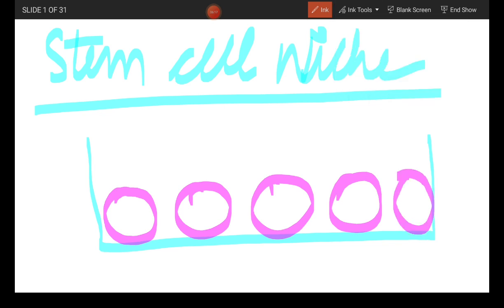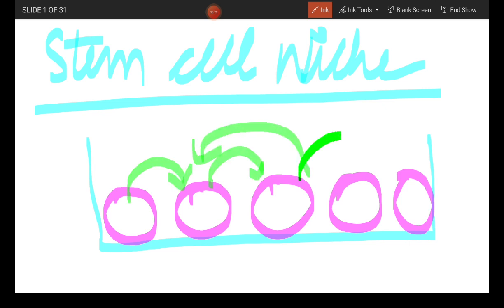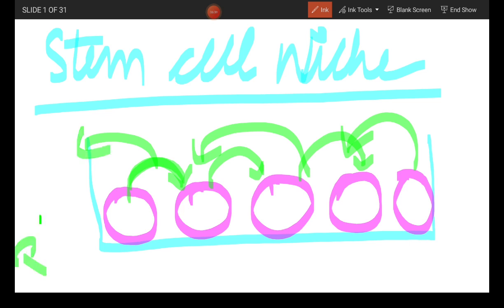A cell will release paracrine factors to other cells, and the other cells will respond to them. These green colors are known as paracrine factors.